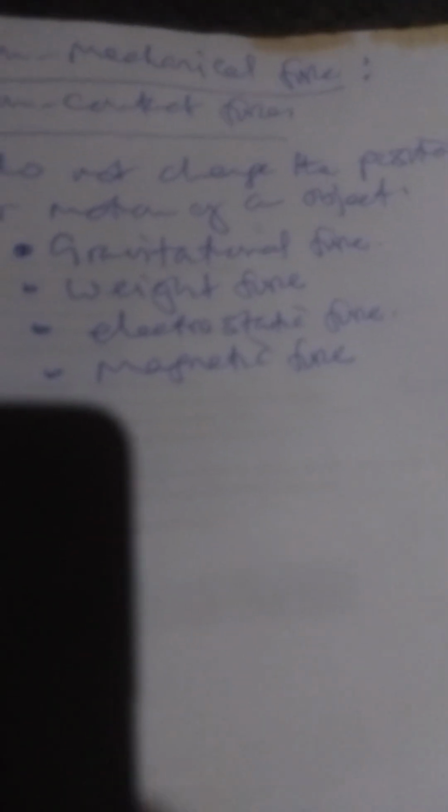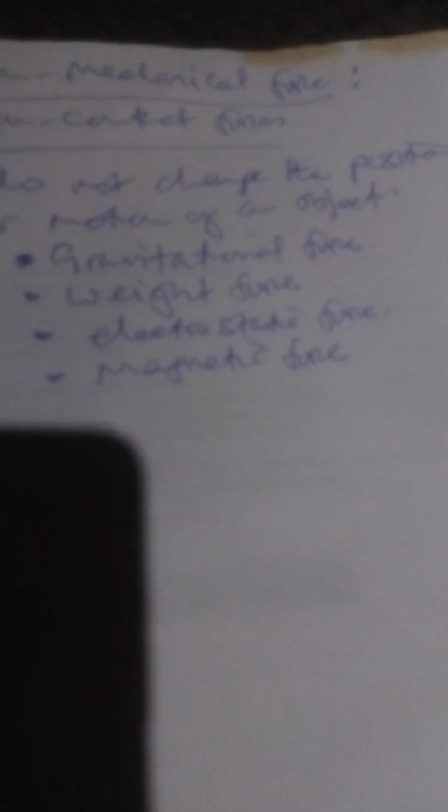So those are types of forces, guys. The mechanical forces and non-mechanical forces. I said non-mechanical forces are forces which do not affect the change of position of an object or even the motion of that object. Then I gave you examples of gravitational force as the force of attraction between any two objects. Weight force is the force of attraction that pulls an object towards the center of the earth.